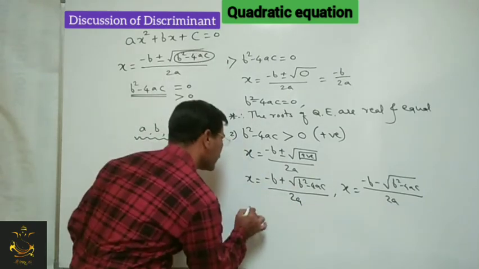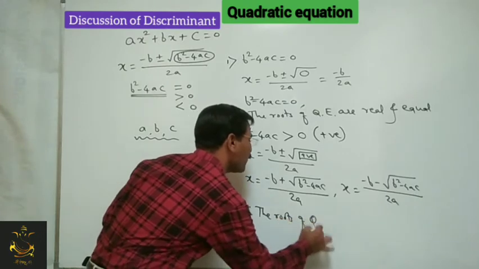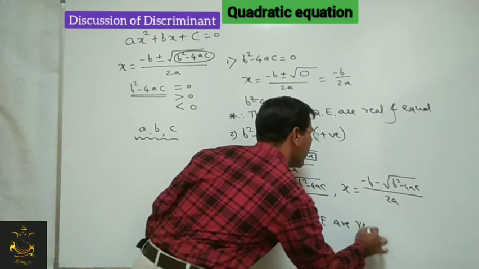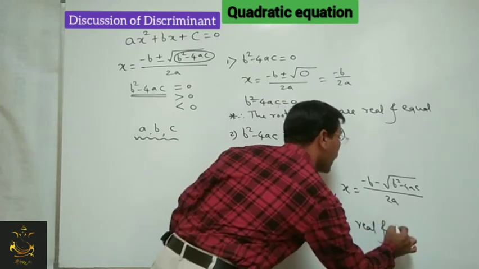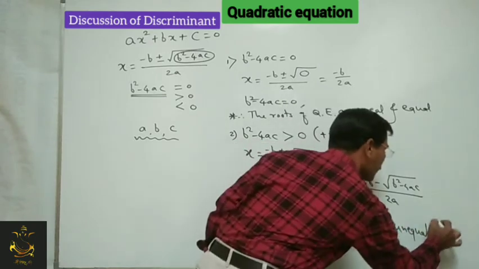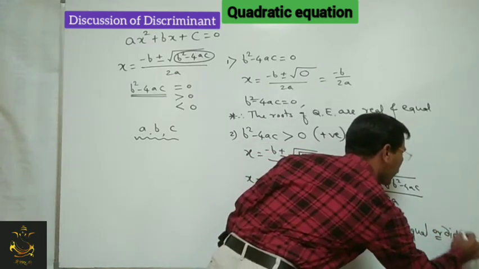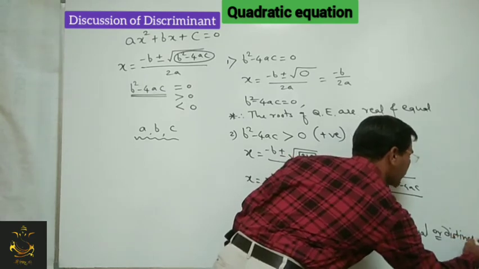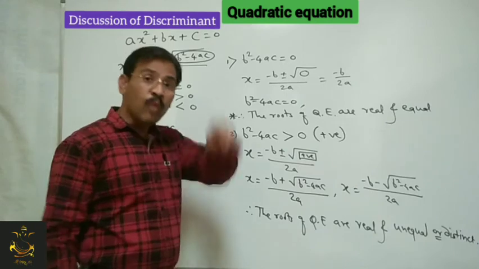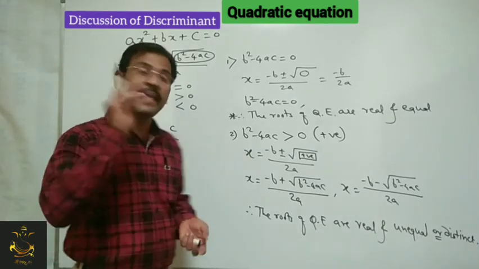Therefore, the roots of the quadratic equation are real and unequal. You may also write distinct, they're different.